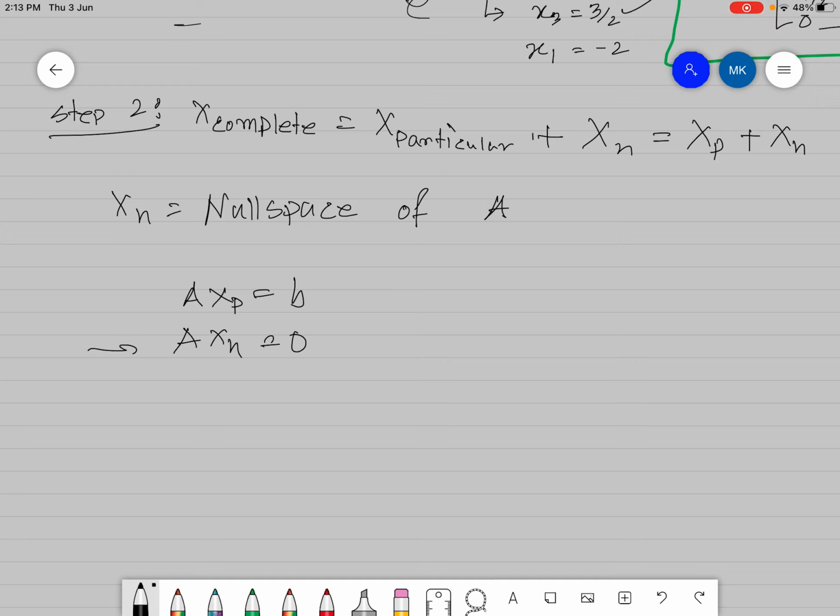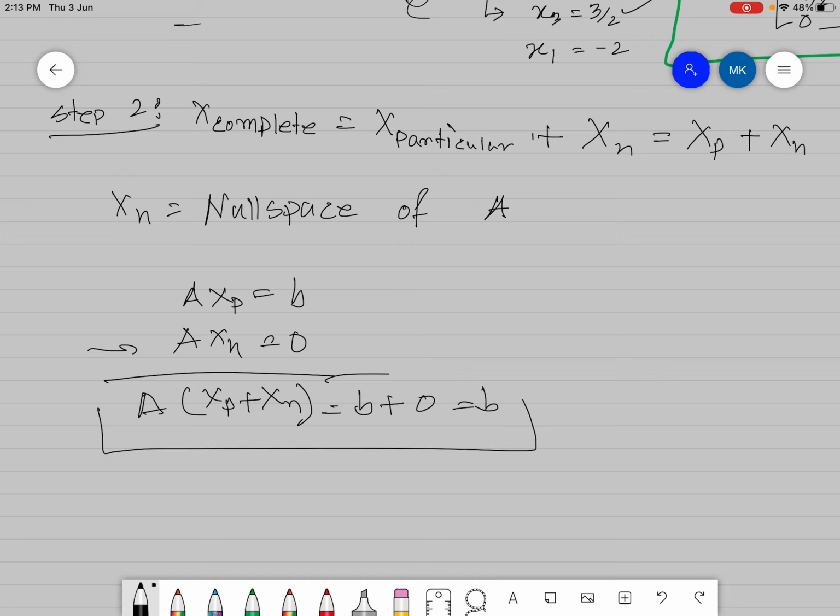So if you add these two things, then you get xp plus xn equals vector b plus the 0 vector, which is b, right? So this is the main logic behind this: if you add x particular with the null space, you will get the complete solution for Ax equals b.